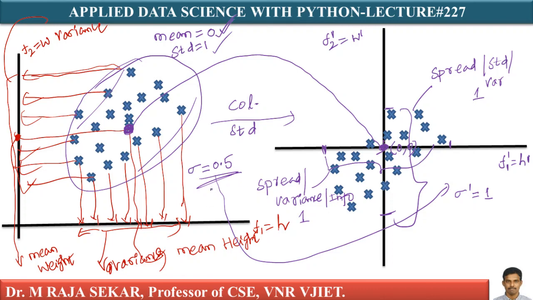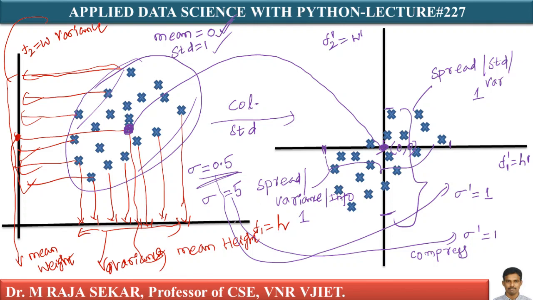For example, if the original sigma is 5, I must compress so that sigma dash becomes 1.